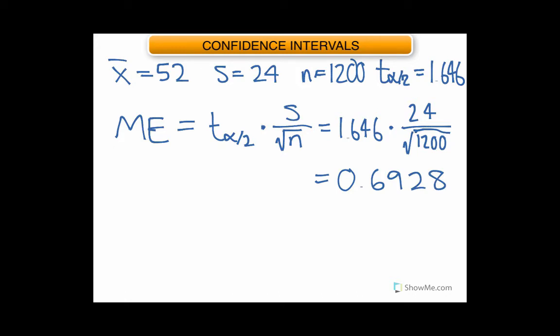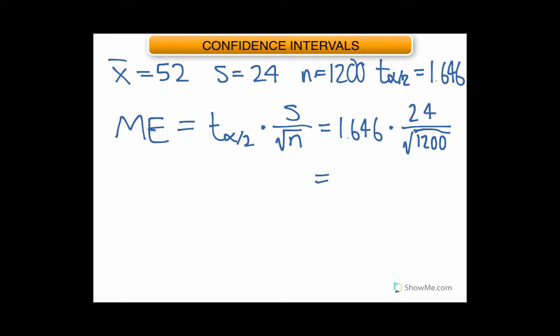So now we're almost done, because our formula for the confidence interval is the point estimate plus or minus the margin of error. The point estimate is 52.